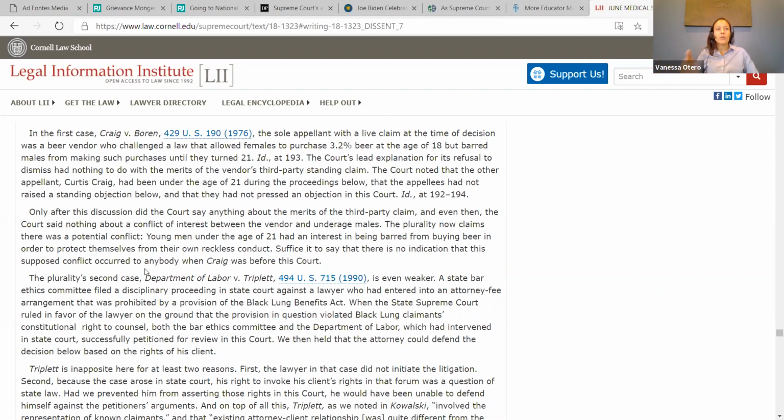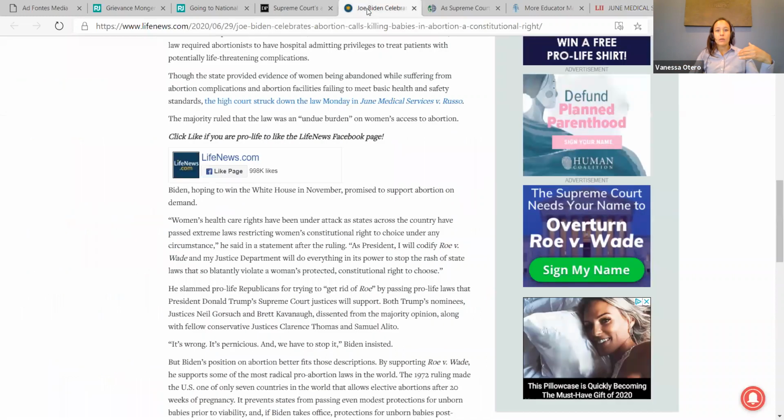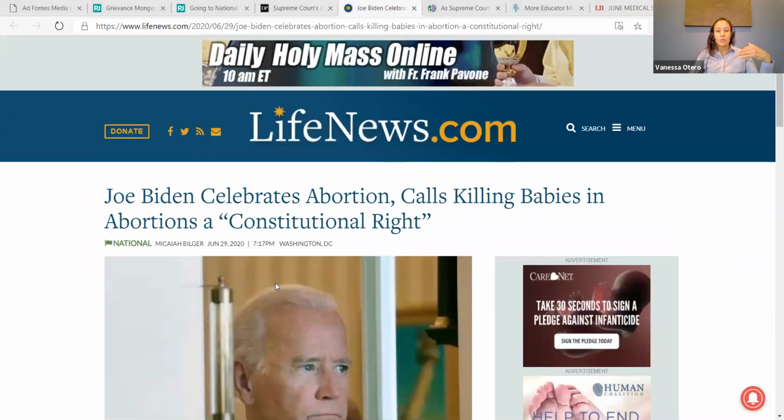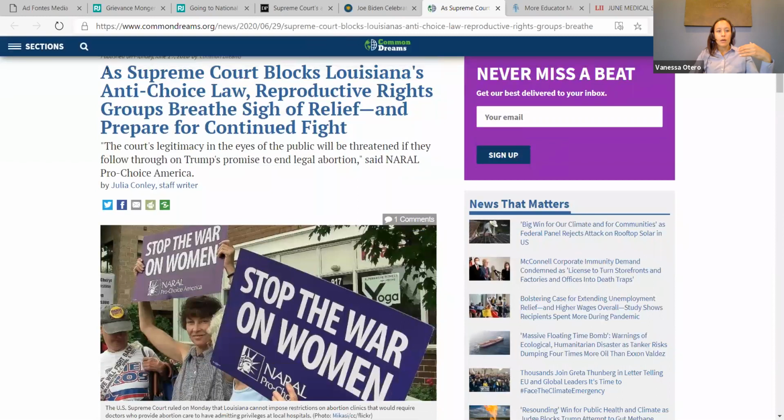I mean, the value in that is it at least shows that you need to get into the weeds and get into the discussion, that it's not just as simple as the headlines, because the whole practice of digging into this story and looking up some primary references, and then having these different discussions that we're having here in this chat, they're super important and way deeper than your headline of "Joe Biden celebrates abortion, calls killing babies constitutional right," and "As Supreme Court blocks Louisiana's anti-choice law, reproductive rights groups breathe a sigh of relief."